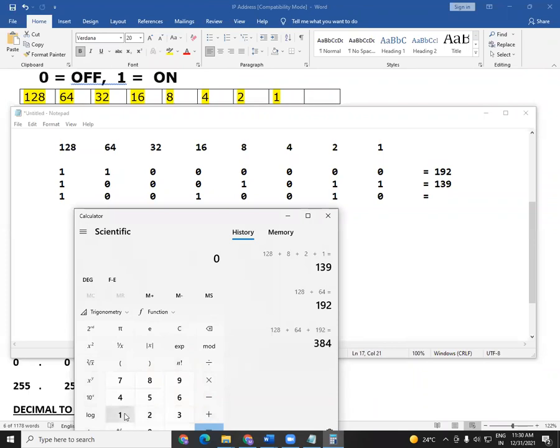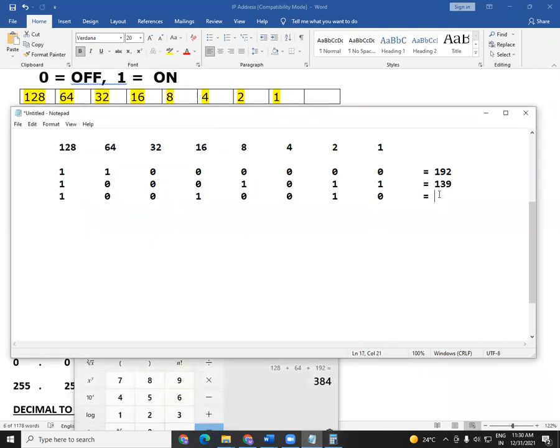So let us see how many bits are ones here. 128 plus 64 is off, 32 is off, 16 is on, plus 8 is off, 4 is off, 2 equal to how much? 146. Yeah, I already got an answer from you, 146.